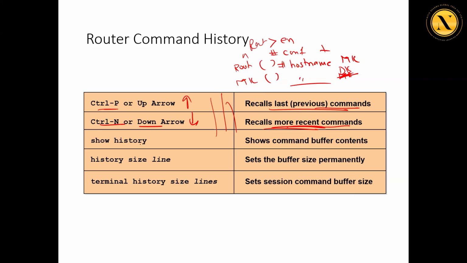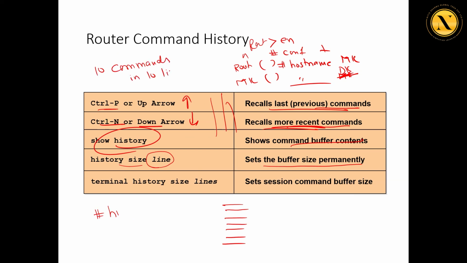These all help. So show history will show you the last 10 commands that were entered, right? The history size command sets this. By default, it saves 10 commands in 10 lines, right?